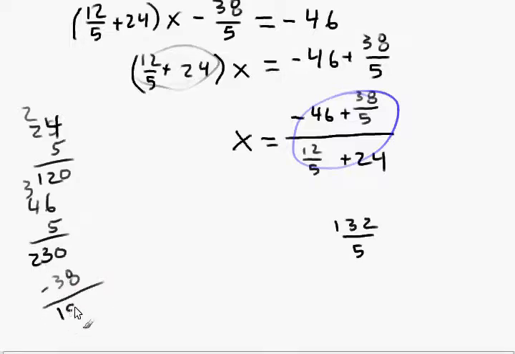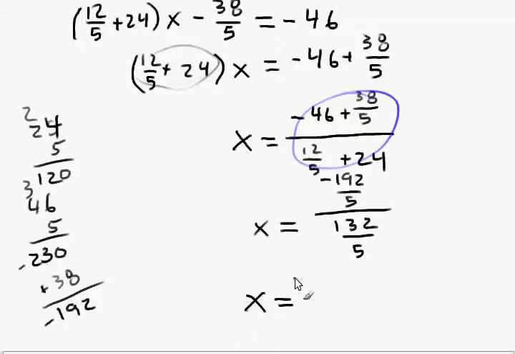That's negative 192 over 5. So x is negative 192 divided by 132, and they both end in 2, so we could divide them by 2 and figure out their ratio, etc. But I think we'll call it a day.